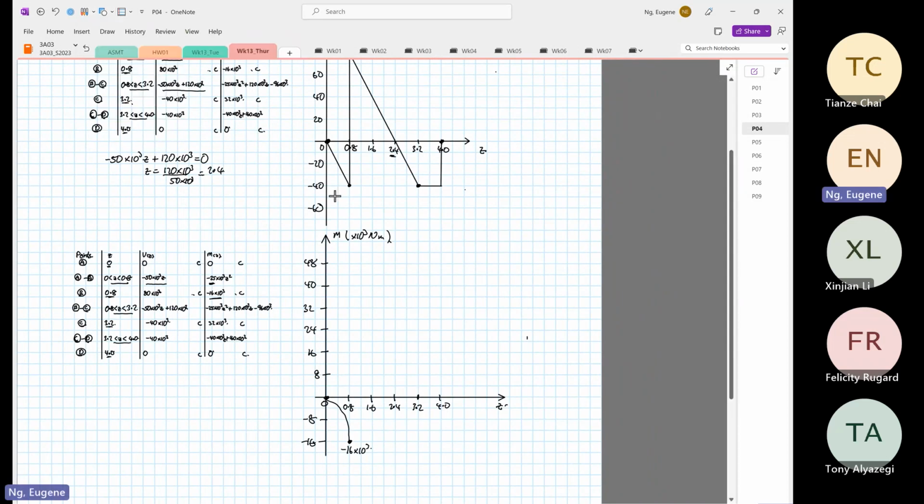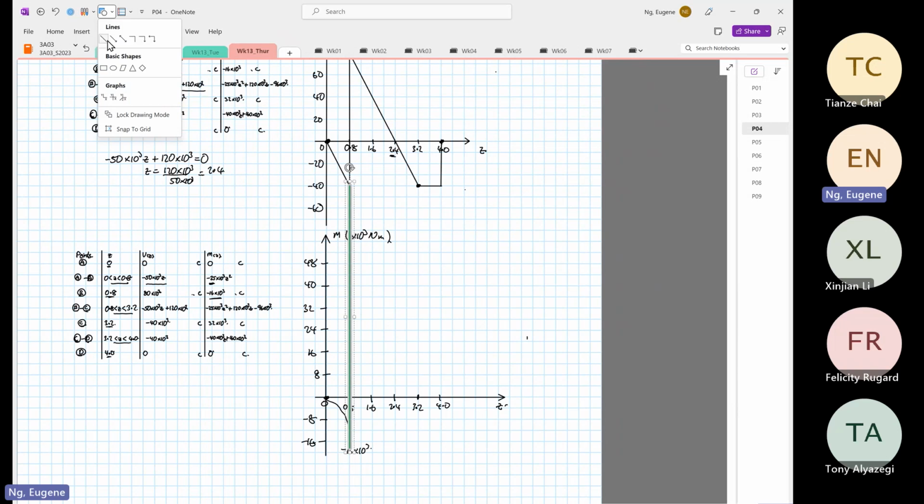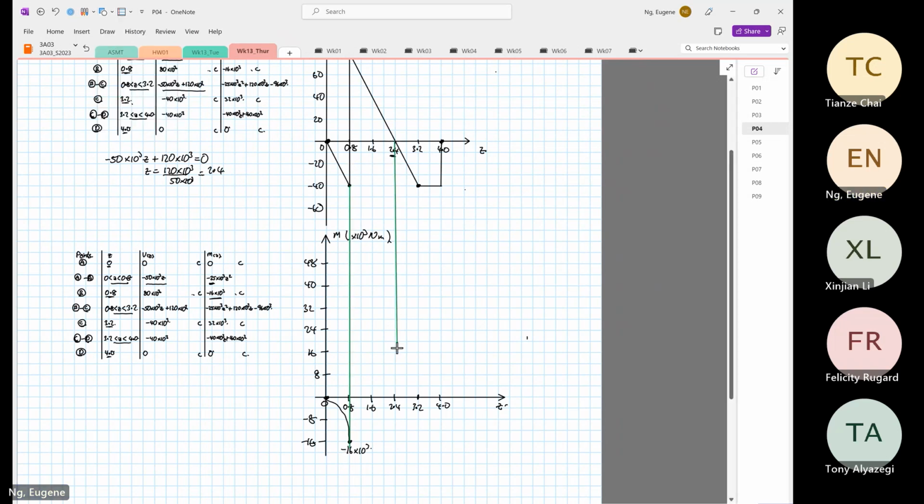When I draw this line down here is where you have the maximum shear force. Then we also know that we have a 2.4 down here. Another interesting point is the 3.2, because from 3.2 onwards you have a negative 40 in the shear force. So I just draw this line.